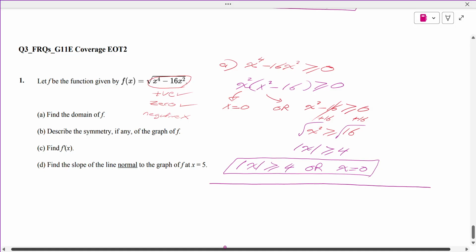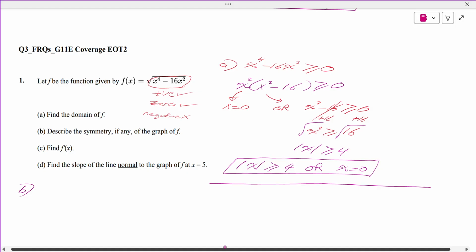For the second part, it says B, describe the symmetry, if any, of the graph of f. So there are two symmetries. Well, the first one is odd and the second one is even symmetry. Here I can tell that there can be an even symmetry.